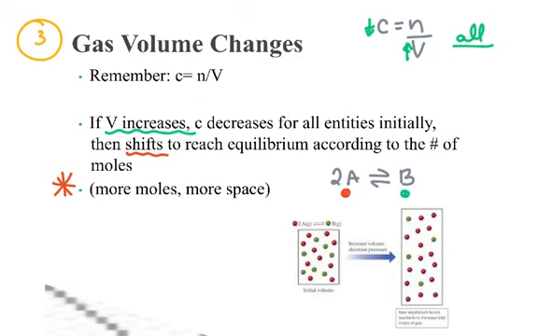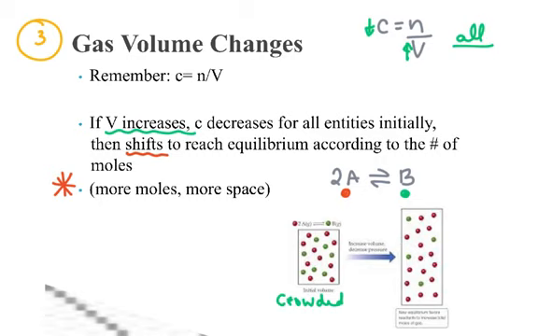So this is an example of the volume increasing. Basically, remember, equilibrium is trying to undo what we're doing to it. It's used to a very small space, so it likes to be crowded, this particular equilibrium. So when I give it more space, it wants to be crowded again.